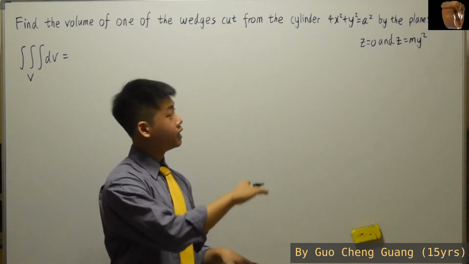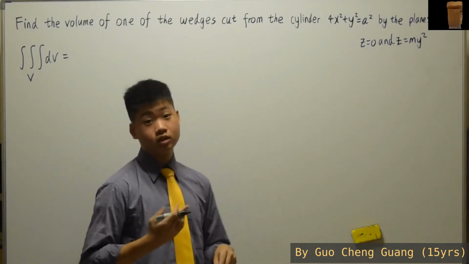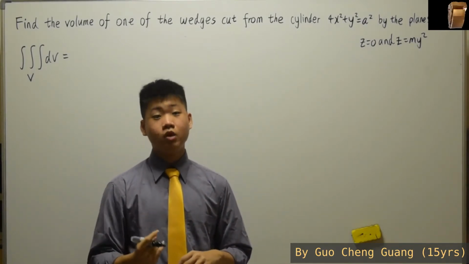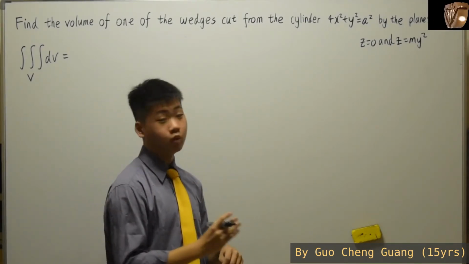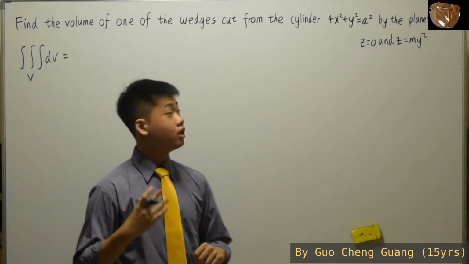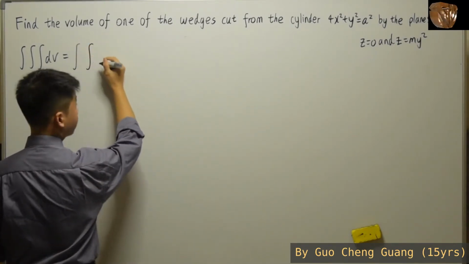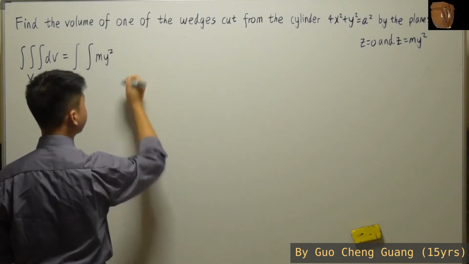And this being your height, you can determine that this can be used as your integrand, since it is from 0 to my², which is basically integrate from 0 to my² and then dz. So you can change this into, you integrate twice and you're going to have my².